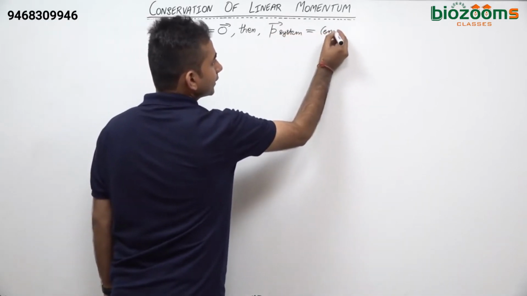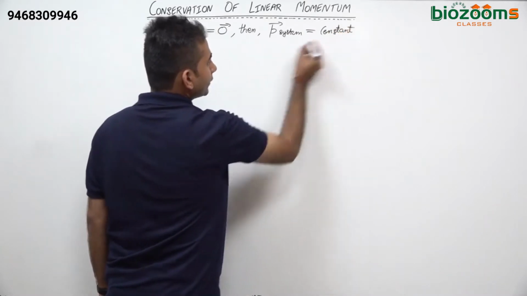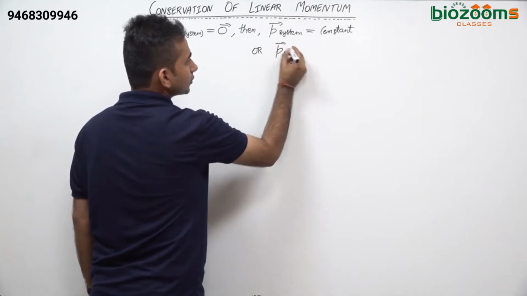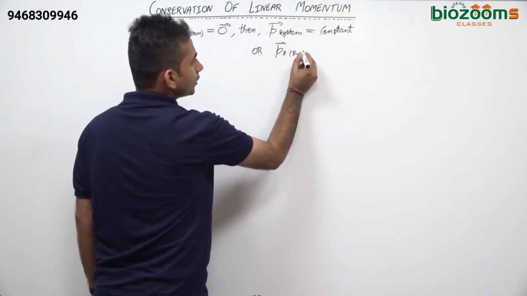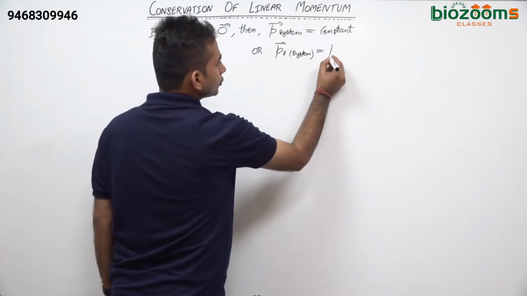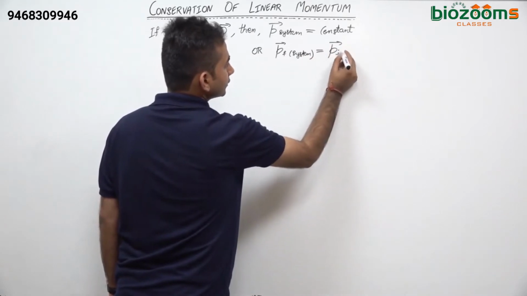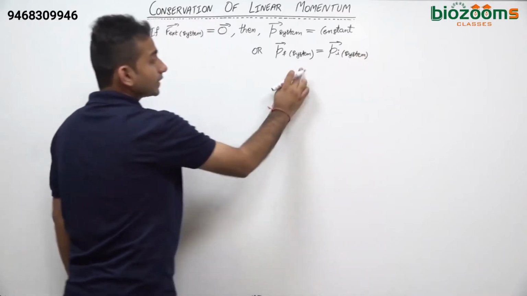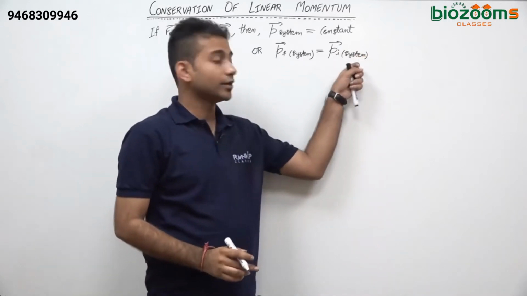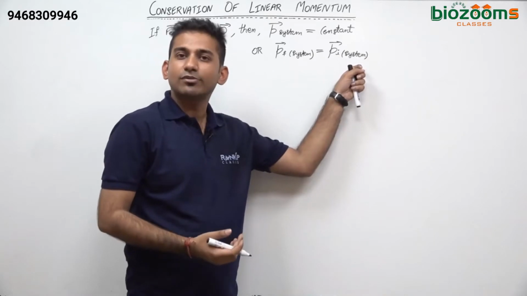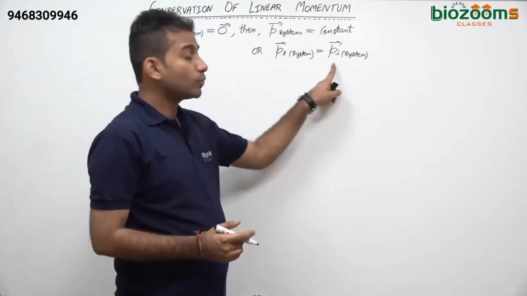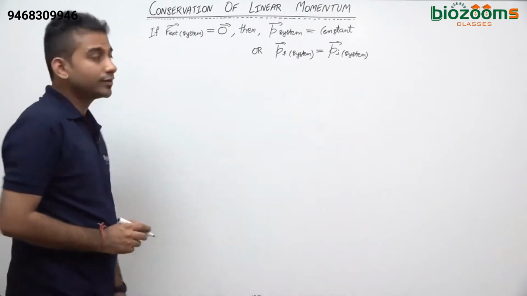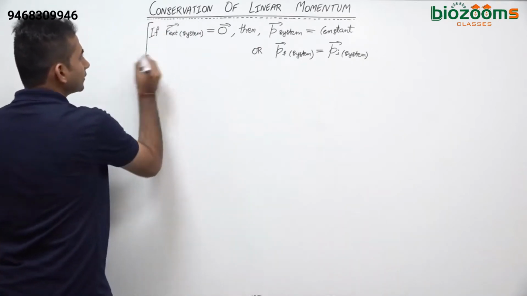You can simply say that whatever linear momentum of the system you finally get has to be equal to the initial momentum of the system. Whenever we say that the final physical vector quantity will be equal to the initial vector physical quantity, that is the linear momentum, it means they should be equal in terms of magnitude as well as in terms of direction, right? So it is a very fundamental thing.